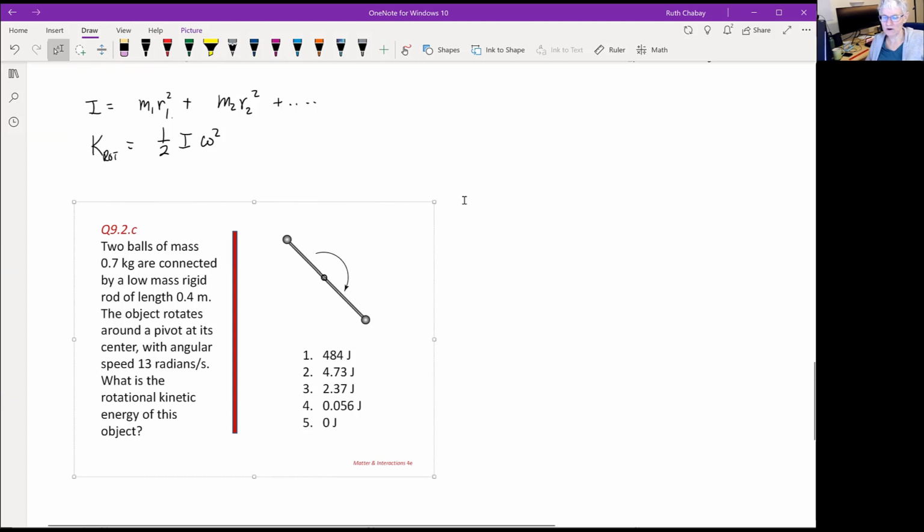We have two balls. They have mass 0.7 kilograms. They're connected by a low mass rigid rod. The object is rotating clockwise, it looks like, around a pivot at its center. Its angular speed is 13 radians per second. What's the rotational kinetic energy of the object?